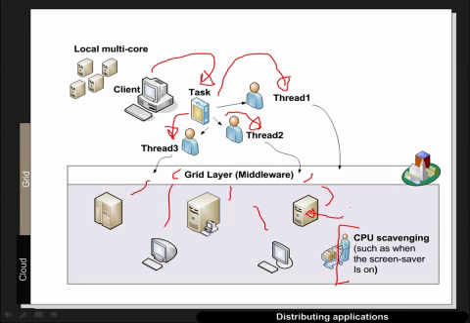So many applications of grid computing use the CPU when the screensaver is on the computer. So it's then up to the middleware to assign each of these threads to different machines through some sort of CPU scavenging.